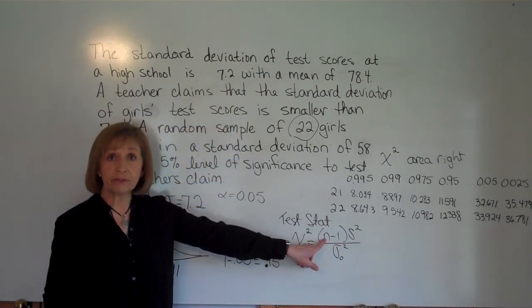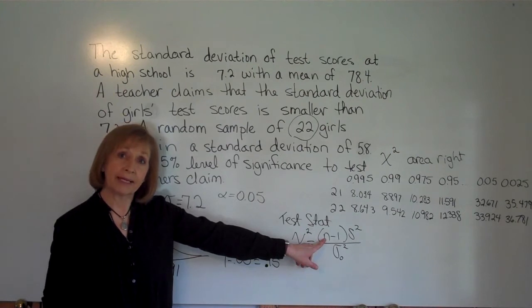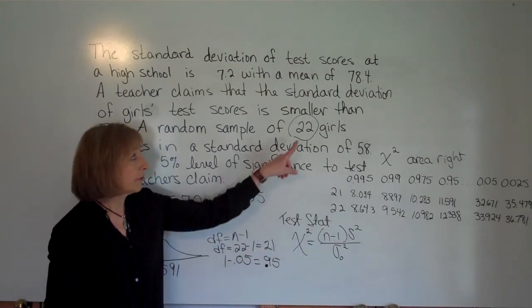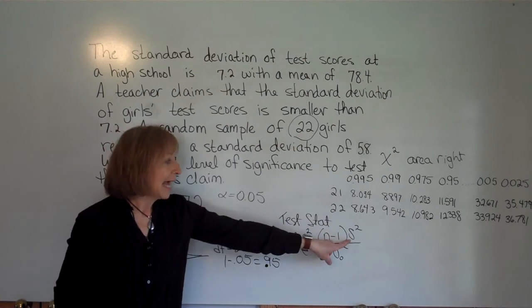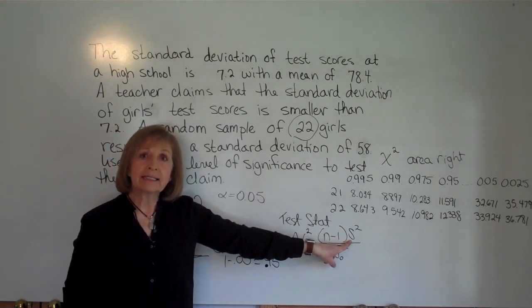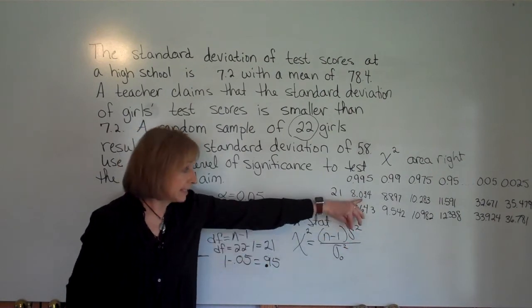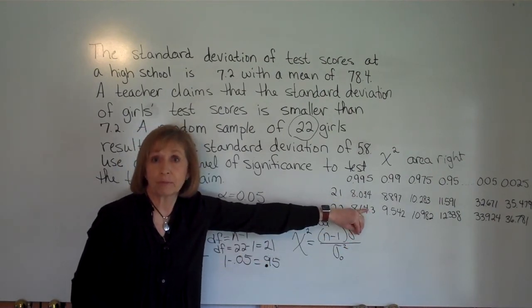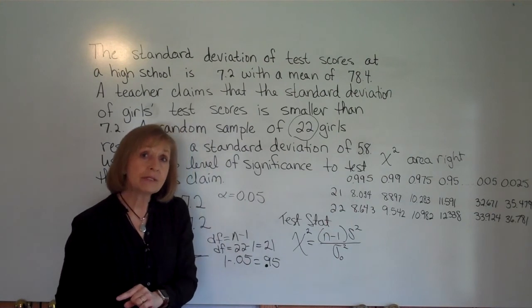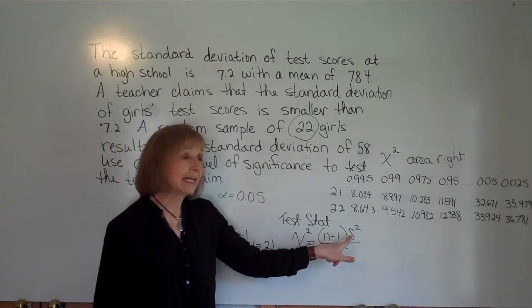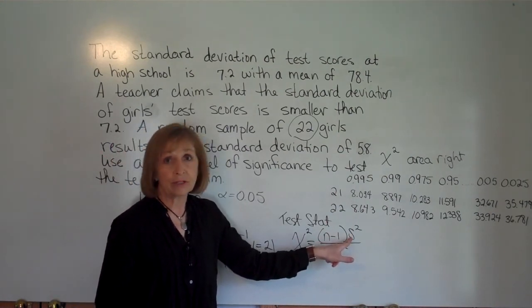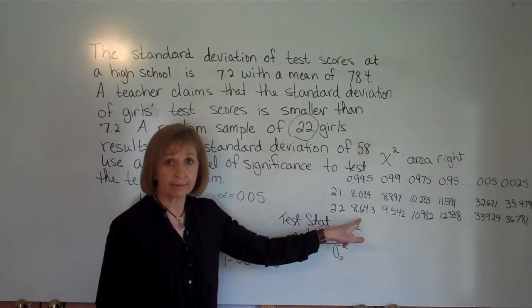Now, n is the number of your samples, so in this particular problem, n is 22, from the 22 that we sampled. S squared is the sample variance; if they gave you the sample variance, you just replace s squared with it. If they gave you the sample standard deviation, that's just s, so you'll have to put that number in and square it.